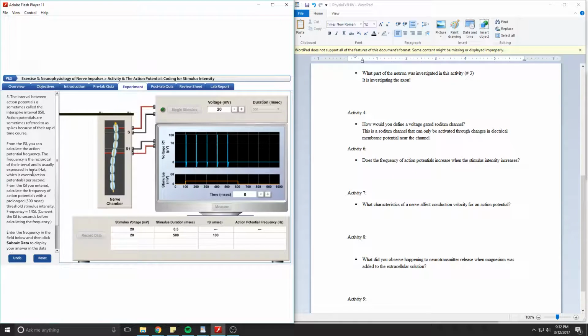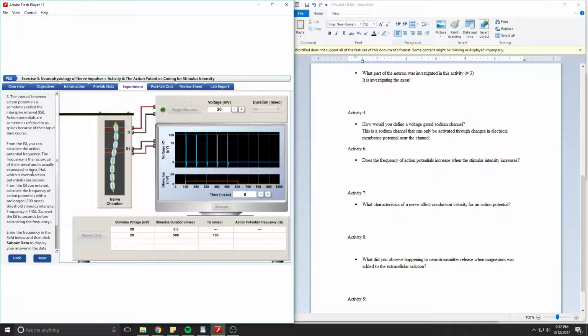The interval between action potentials is sometimes called the interspike interval. Action potentials are sometimes referred to as spikes because of their rapid time course. From the interspike interval, you can calculate action potential frequency. The frequency is the reciprocal of the interval and is usually expressed in hertz.